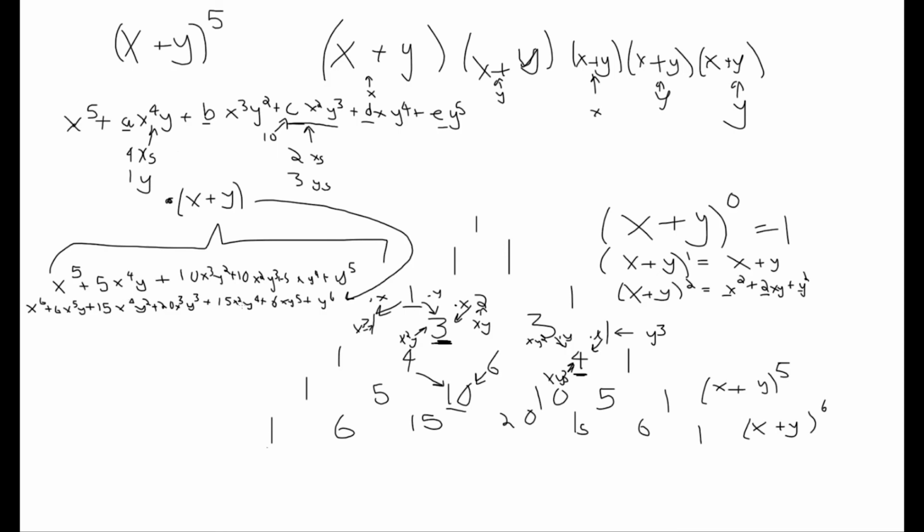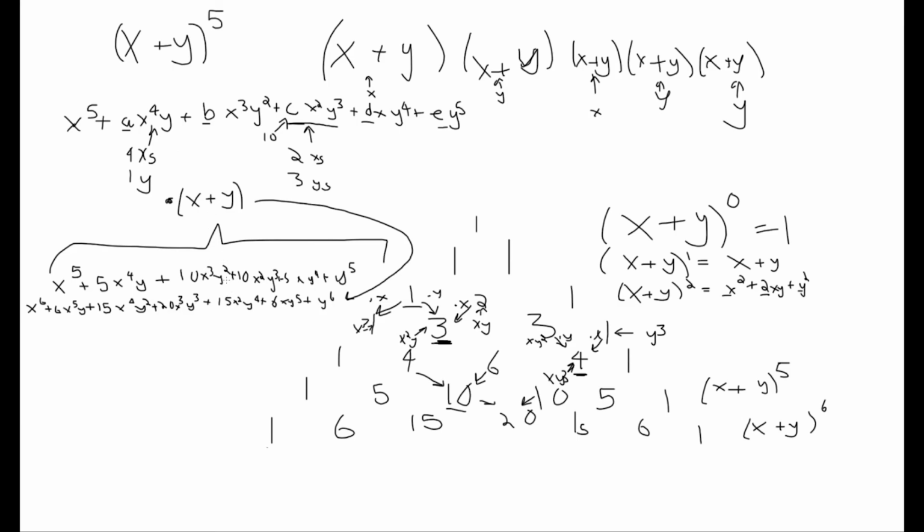So let's show it on the Pascal's triangle. Let's look at these two 10s producing a 20. Why do they get to be added together to produce this 20? Why does that work? Well, this 10x cubed times y squared has the potential to multiply by an x or by a y.